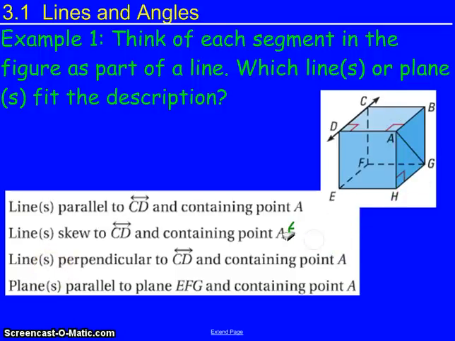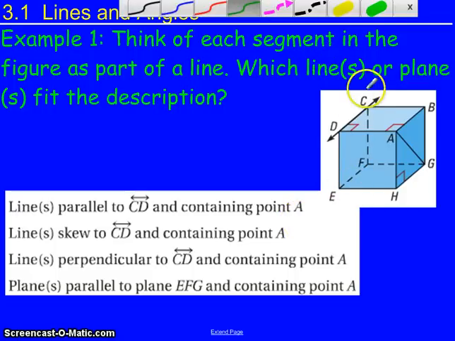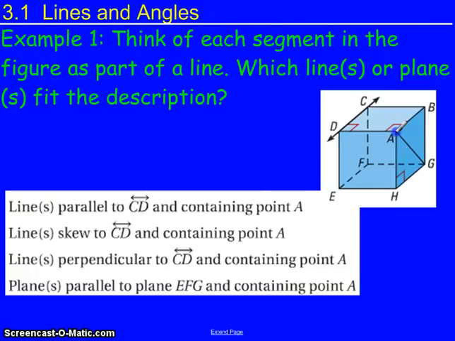And the next one says lines that would be perpendicular to CD and contain a point A. So perpendicular, remember, forms a 90-degree angle. You can see that some of them are marked in the red box here on the diagram. So that means that they form a 90-degree angle at that intersection. So again, I want to cross through point A, and it looks like right through there I would need to go to form that right angle in the diagram.